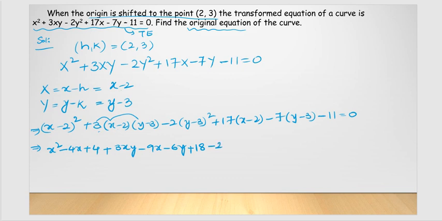Next minus 2 times of y minus 3 whole square is nothing but y square minus 6y plus 9, plus 17x minus 17 2's are 34, minus 7y plus 7 3's are 21, minus 11 is equal to 0.